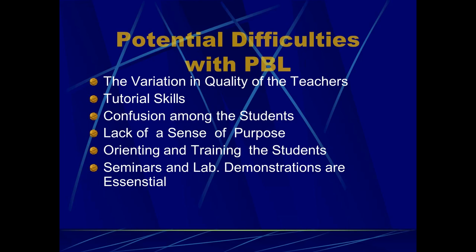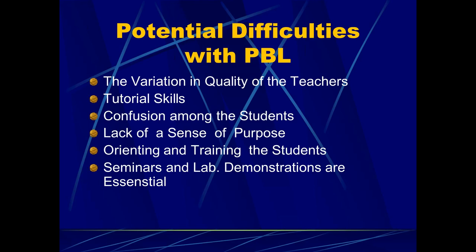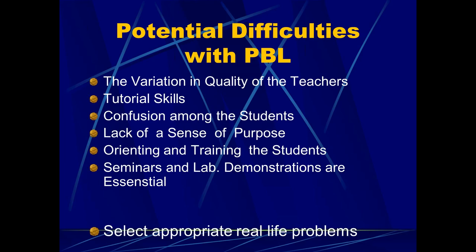Let us see the potential difficulties with problem-based learning. The varying quality of the faculty members or teachers, tutorial skills, confusion among the students, lack of a sense of purpose. Orienting and training the students, seminars or lab demonstrations are essential.